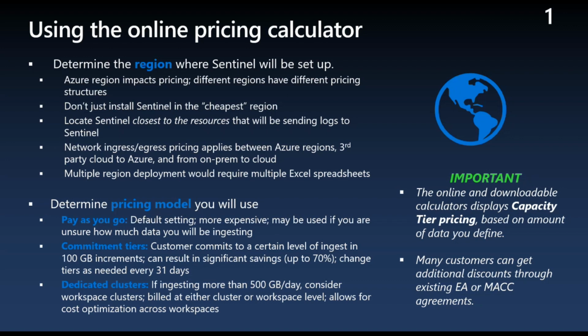So if you went kind of crazy and decided to put Sentinel in, I don't know, Australia, and all your resources are located in the United States, you may be saving money on the actual storage, but you lose that price savings because of the network ingress and egress pricing between the two regions.